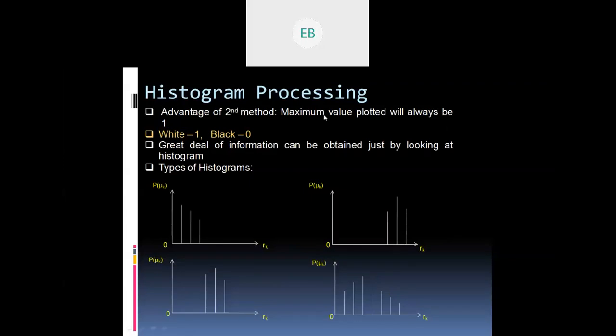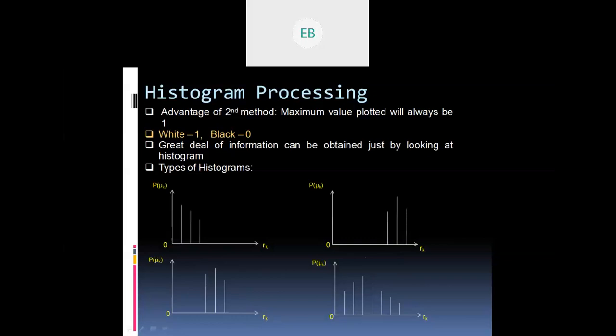Most users, in particular, use the second type of histogram processing, that is, the second method, because it deals with a large amount of information.